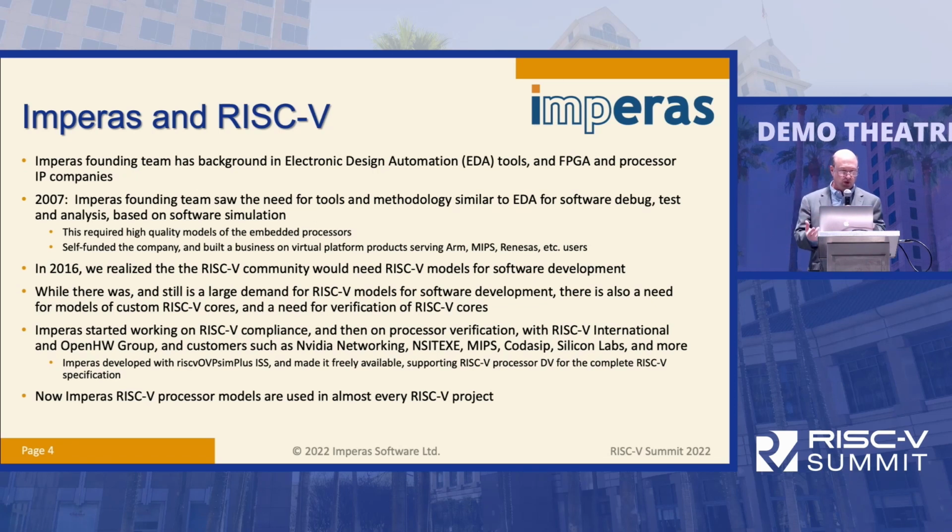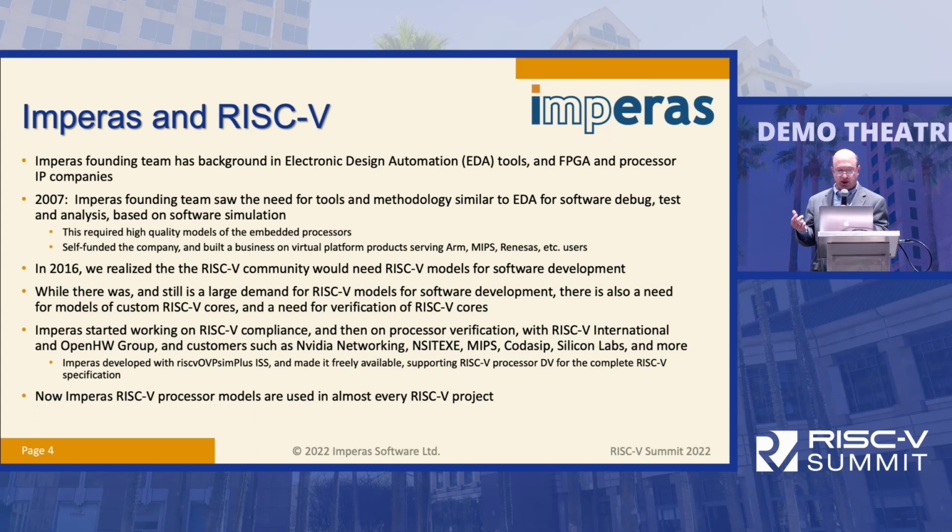This software simulation use case required us to build high quality models of embedded processors like ARM, like MIPS, like Renesas. Actually, we currently support something like 15 different ISAs. So we've done well there. We self-funded the company, we built a business in this area.